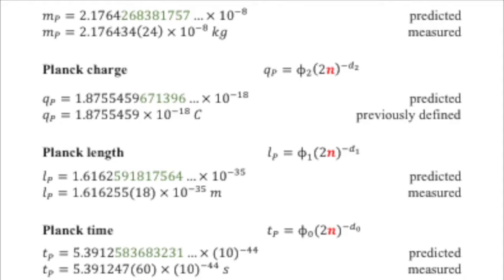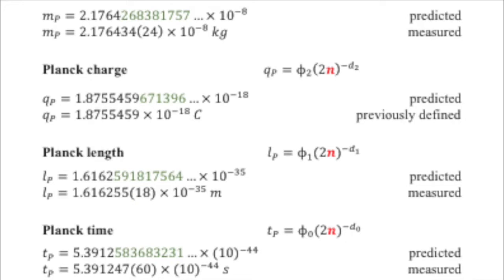And here, in our geometric structure, in our balance decomposition representation of the hyperbolic figure eight knot, the minimum possible balance, we find that the minimum expression in that balance happens to be equal to 5.39125836832331 and on and on times 10 to the negative 44.